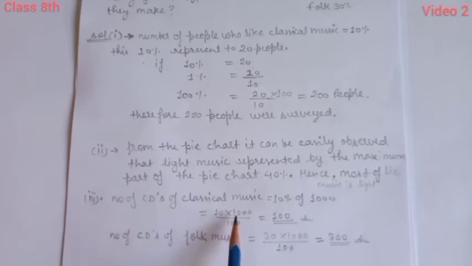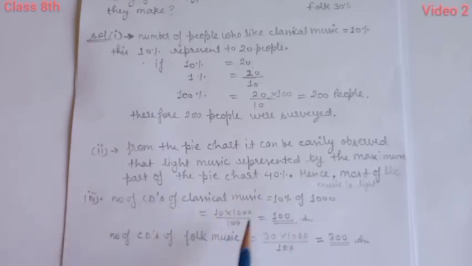So students, 10 into 1000 divided by 100. Why 100 here? Because we convert the percentage into a number by dividing by 100. So 10 upon 100 into 1000. Now we obtain 100 CDs that the cassette company will make for classical music.